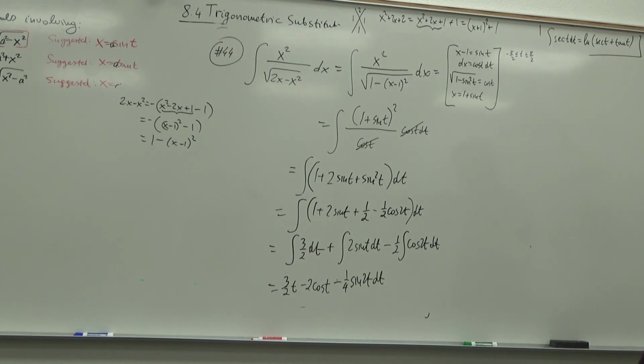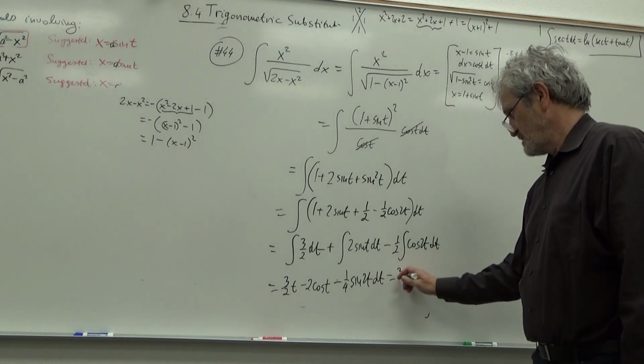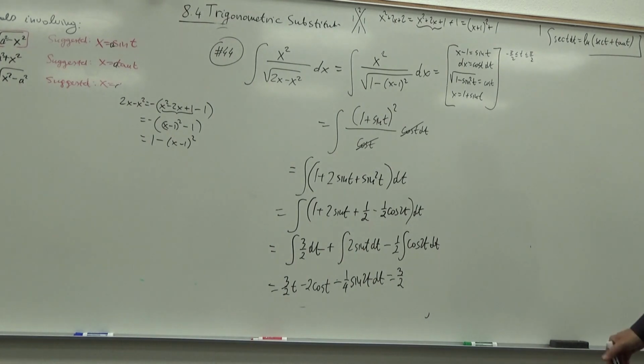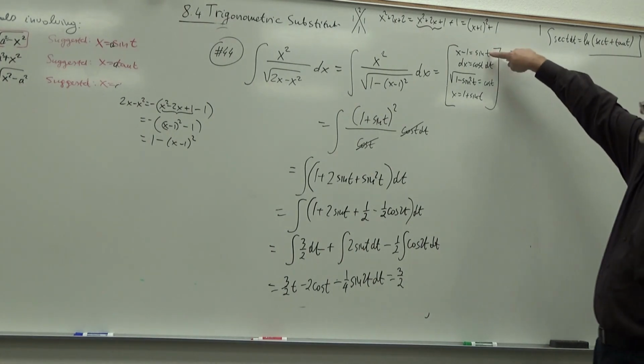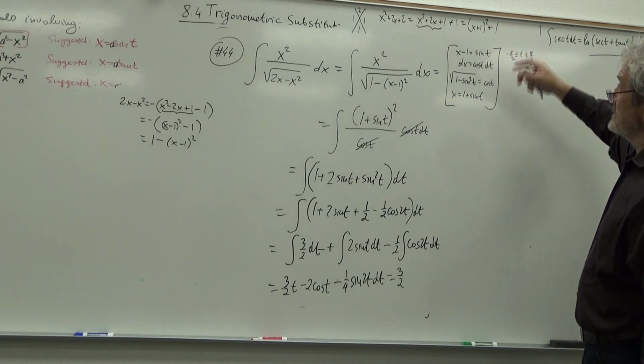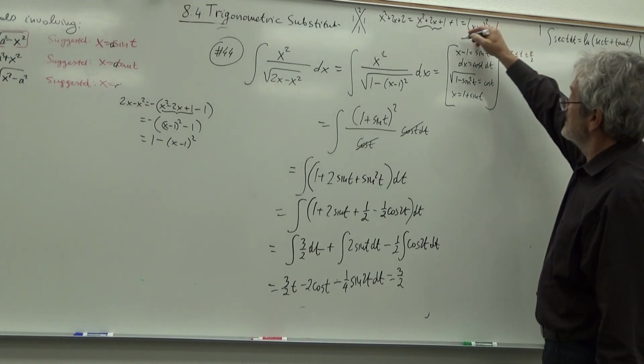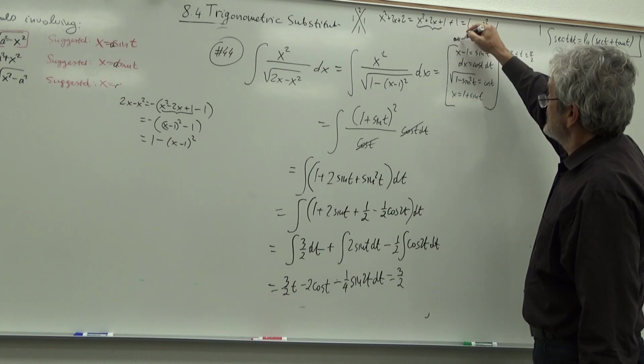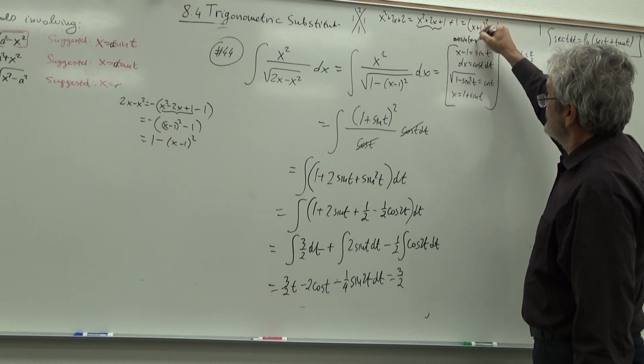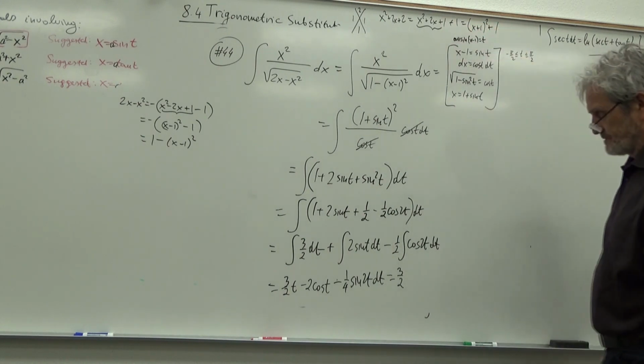And then what? So this would be 3/2. What is t? I need t from here, so to solve for that, t is actually just take arc sine. So arc sine of x minus 1 is t.